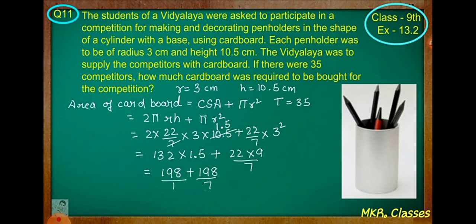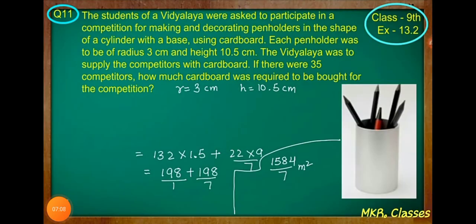Now take the LCM, 7 and 1, LCM will be 7. So in the denominator it's 7. So we multiply 198 by 7, it gives 1386, and adding 198 with it, it gives 1584 upon 7 centimeter square.